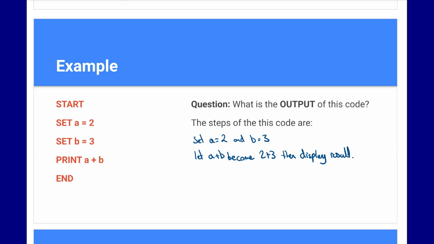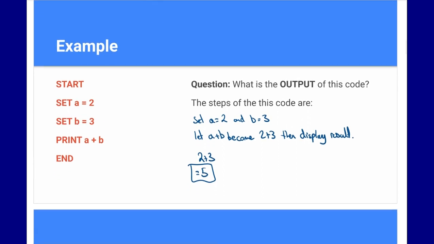So if we go through this step, A plus B, we have 2 plus 3, this equals 5. So that means 5 would be the answer or the output that is printed. That's a very basic example of what pseudocode is.